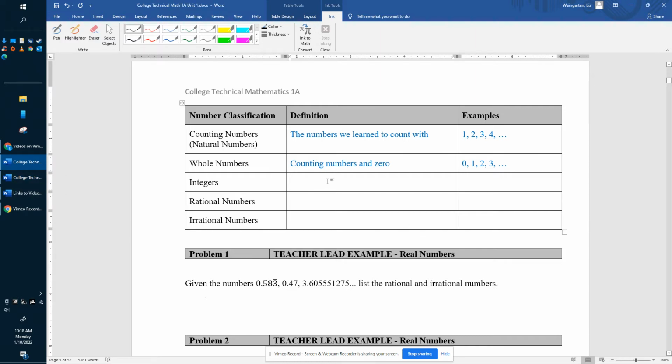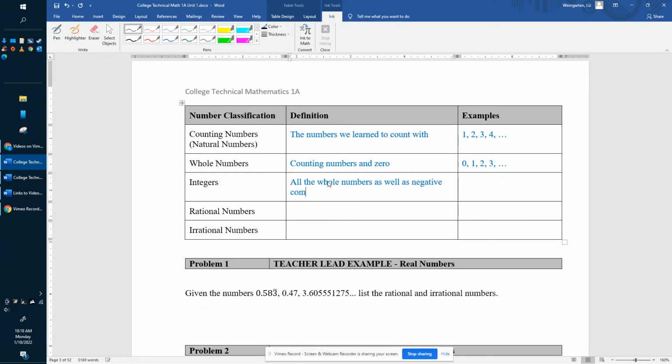Integers are all the whole numbers as well as negative components. So -2, -1, 0, 1, 2, and so on.